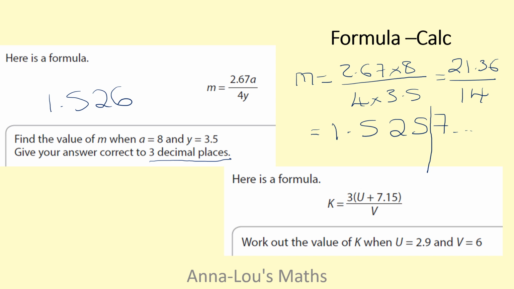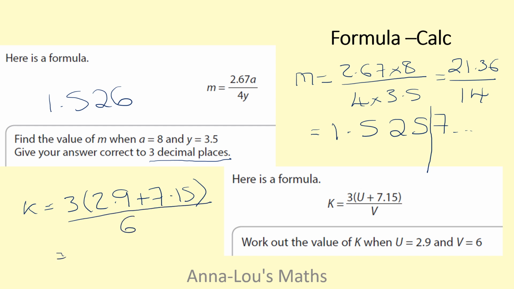Let's look at this second one. So k equals 3. I'm going to fill in my values, 2.9 plus 7.15, and all of that is over 6.